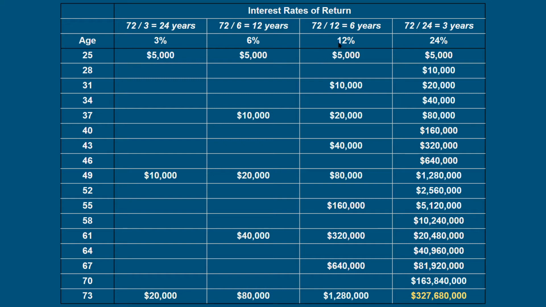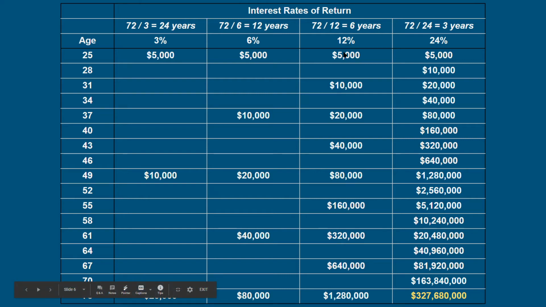So let's say you invest in ETFs, for example. A one-time investment of $5,000 at 12% doubles every 6 years. Okay, so that money will double, and it grows to over $1.2 million at retirement age. Okay, at 12% compound on top of itself.